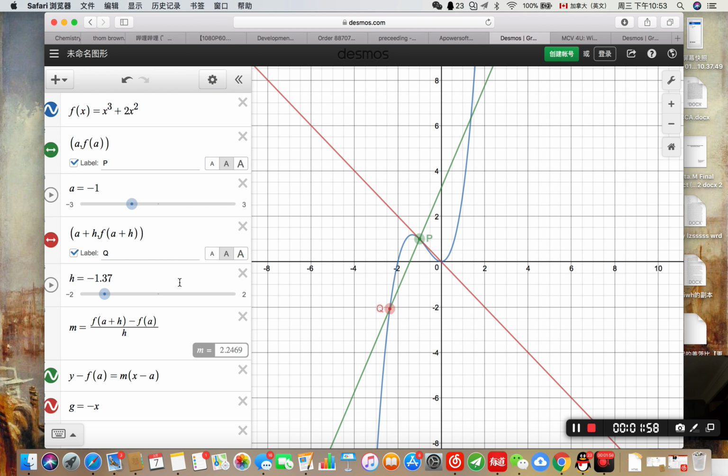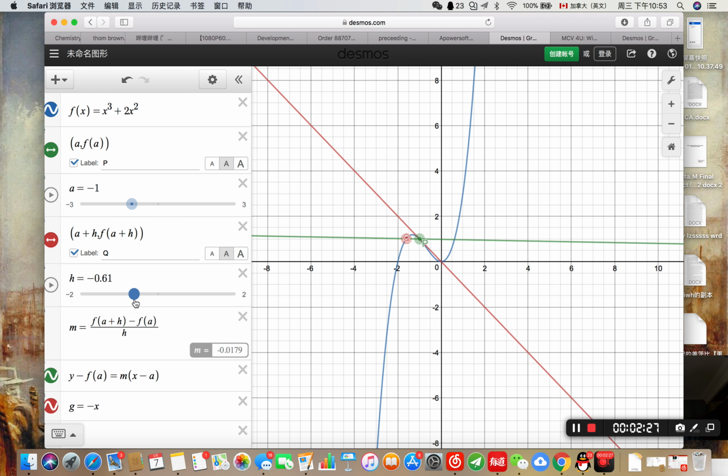So for point Q, when h from the left side, let's set it as -2, and it approaches 0 from the left side, from the negative side to 0, it becomes closer and closer to point P.